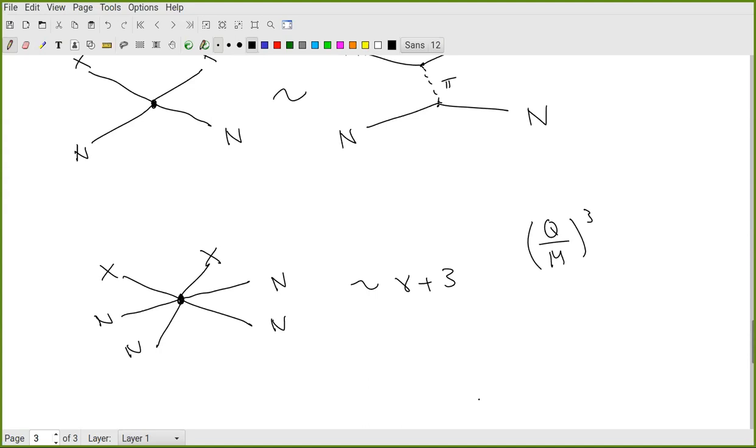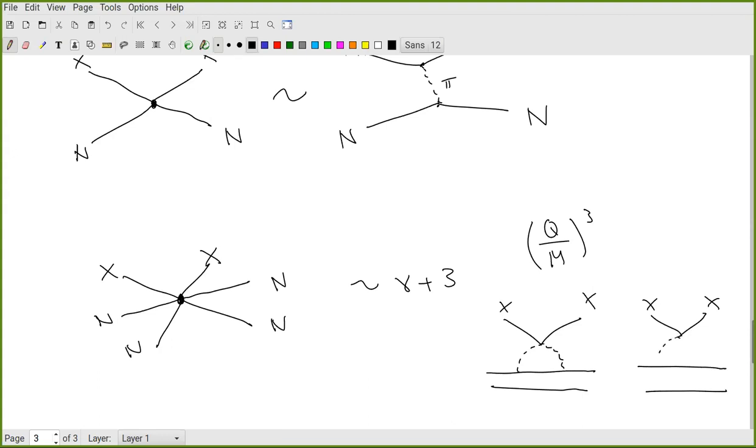Then you can just play with the possibilities. You can have something like a dark matter particle that interacts with 2 pions and couples to a nucleon via a loop, or maybe the pions connect to 2 different nucleons, something like this.